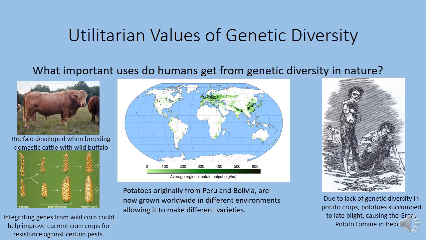But if we don't, and if we have potatoes that are adapted to grow really good in Bolivia and Peru, and they do great there, and we take them to Ireland, where they like to grow a lot of potatoes, and a disease happens to come in because we've got a lack of genetic diversity because we've been growing the same kind of potatoes in the same area for generation upon generation, and we've had inbreeding suppression. Well, now we've got no genetic diversity. All of our crops are genetically identical.